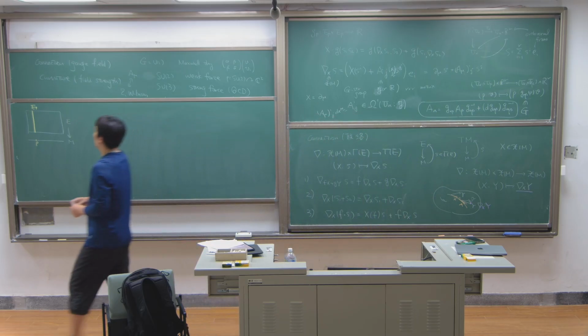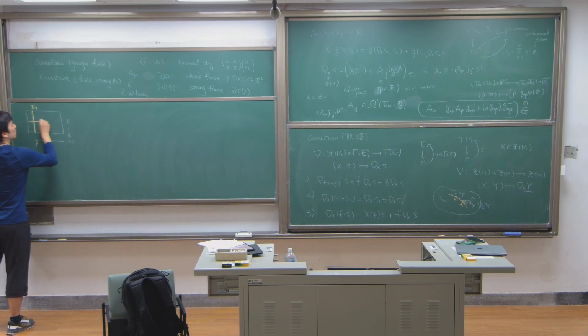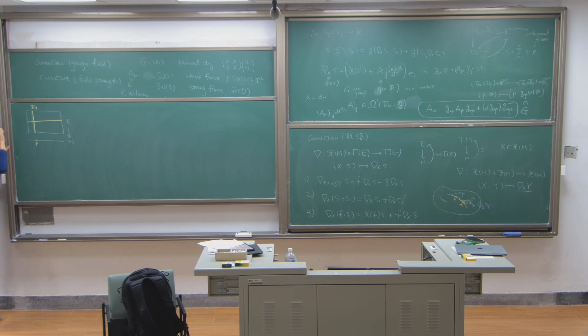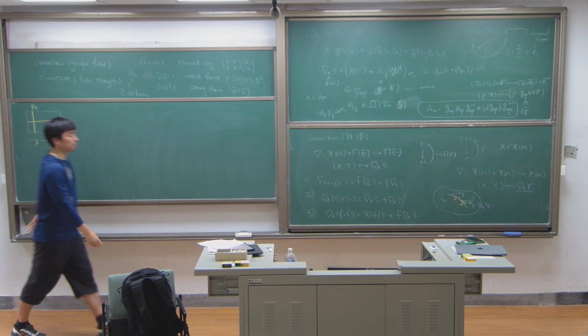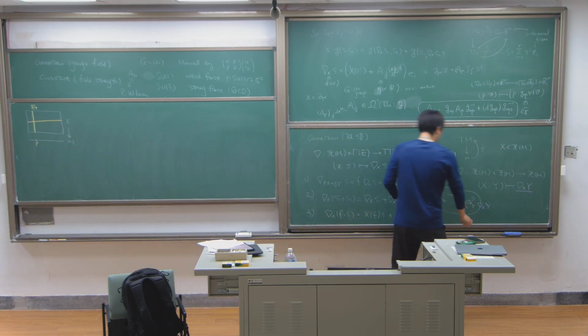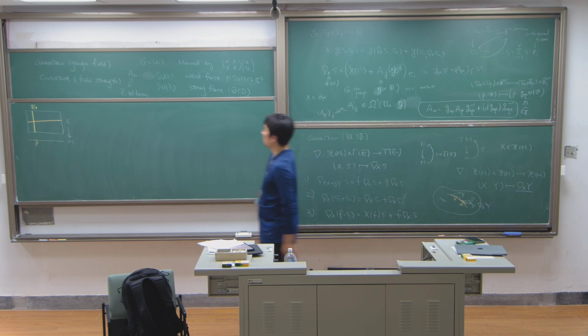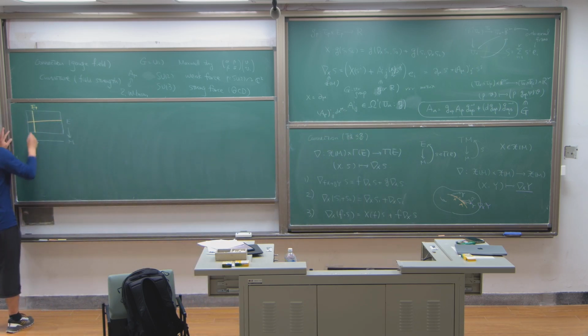So the connection will define the parallel transport of the section, and if the section is something like this, this connection will measure how they deviate from the parallel transport.